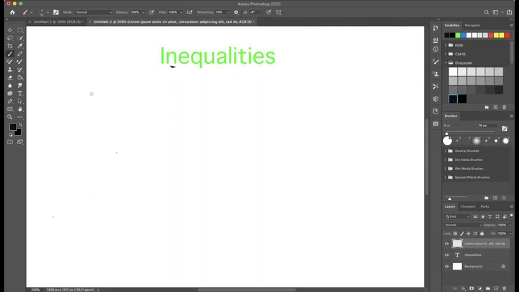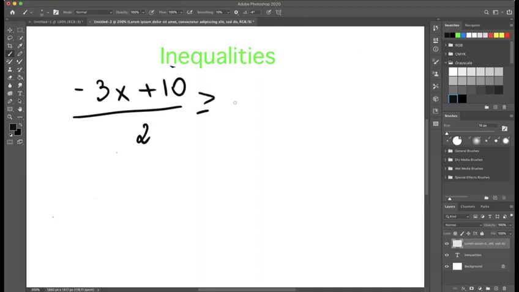So, negative 3x plus 10 over 2 is more than or equal to 6. So let's start. I can use cross multiplication again. There is 1.